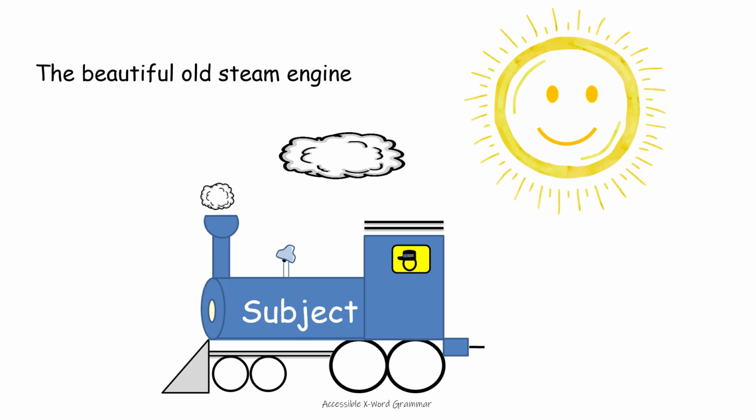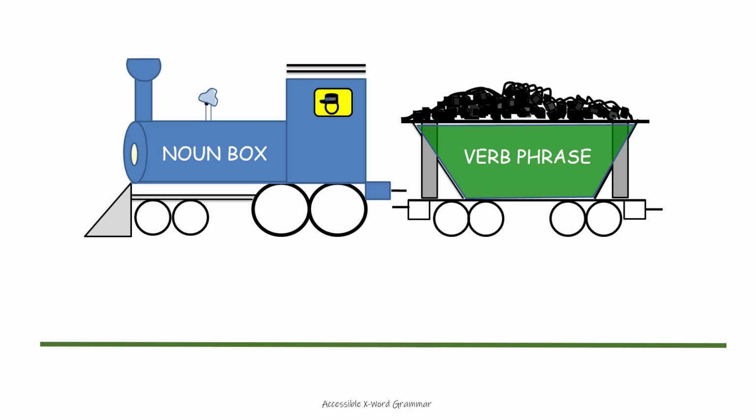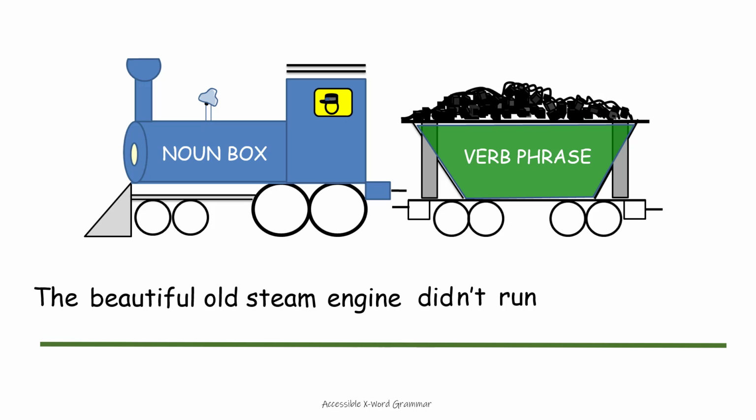Most of the XWord grammar books and materials begin with these 2 necessary building blocks: the verb phrase with its XWord, middle word and verb, and the noun box, which must have a noun and may have a determiner and 1 or more describers, always in a set order.